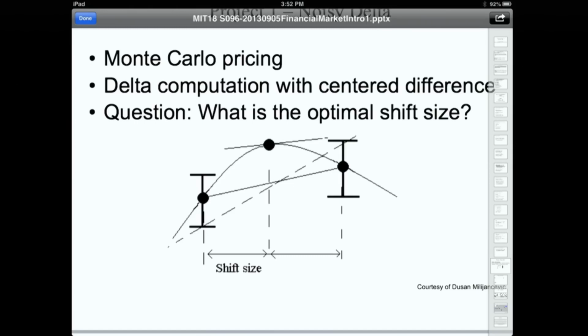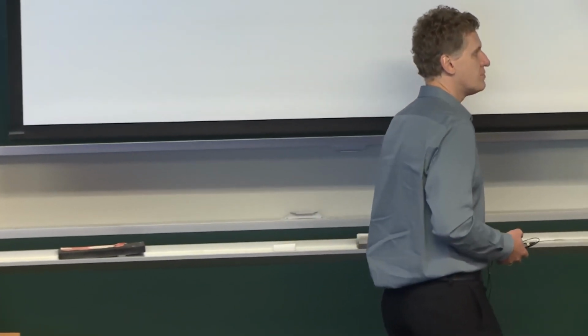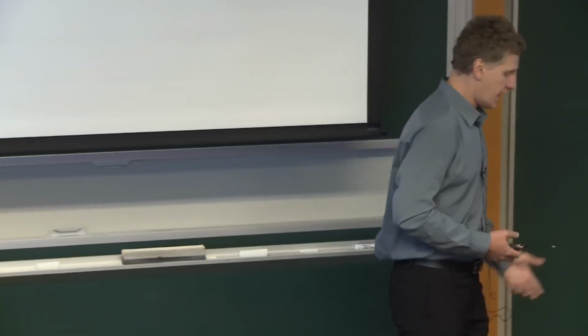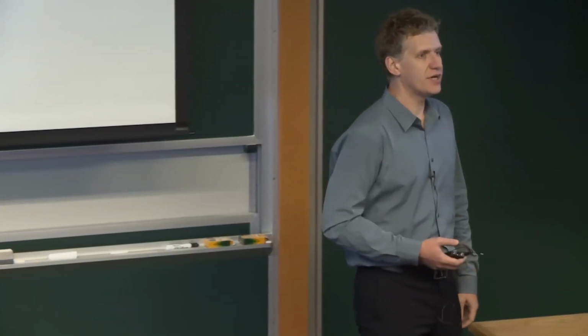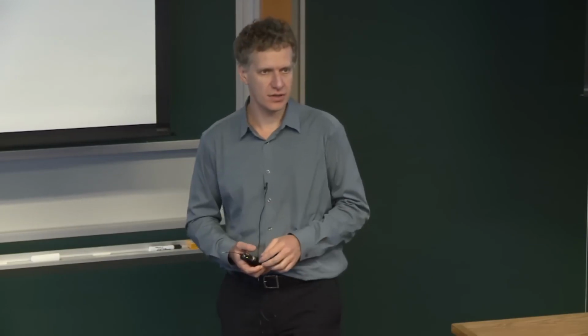One project Dushan worked on was estimating the noisy derivative. The derivative is called delta. Delta is usually the first derivative of a function. And as we'll see in the class, quite often to obtain a price, you do it through Monte Carlo, meaning running a lot of paths and then averaging along them.